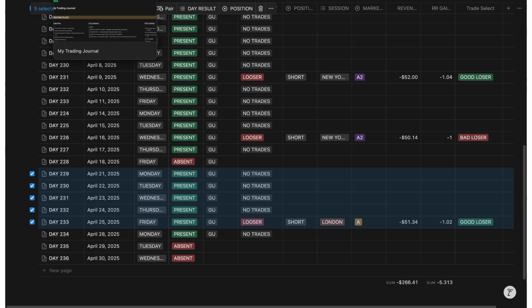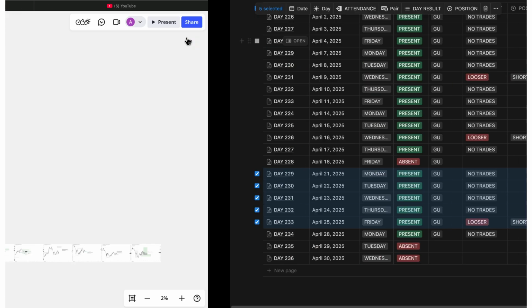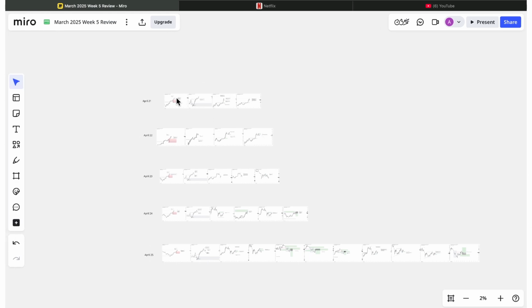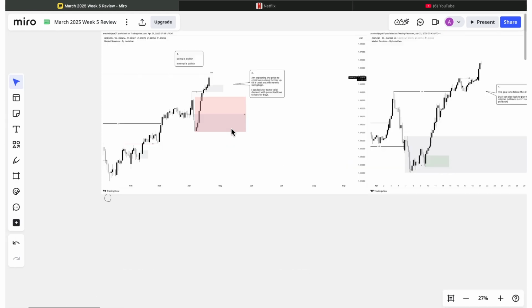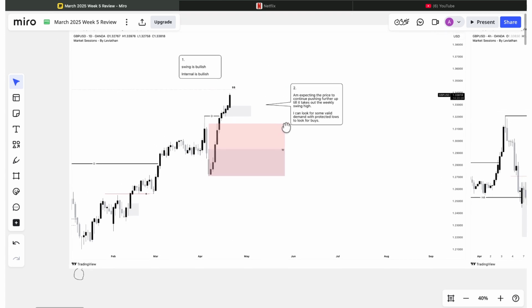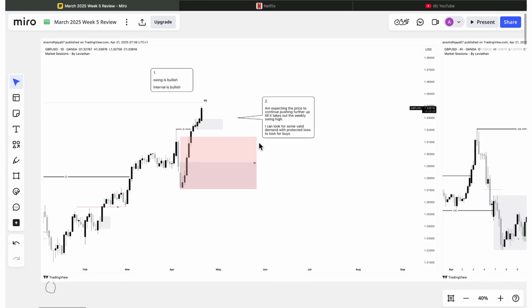Starting off with April 21, that is Monday. Here we go. The price was bullish in daily, and there was some buy side liquidity above which I took from the weekly chart.